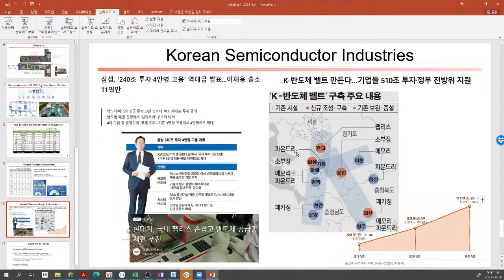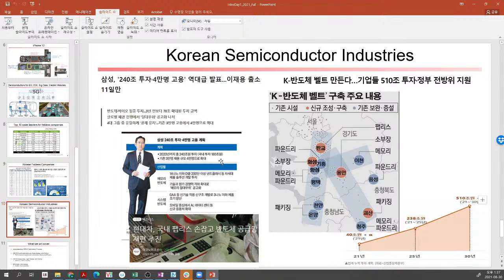Foundry means the factory that gets all the designs from fabless companies. The fabless company provides the design to the foundry, and then the foundry makes the chip for the fabless company. So in this business, Samsung is actively looking for opportunities in the foundry business.